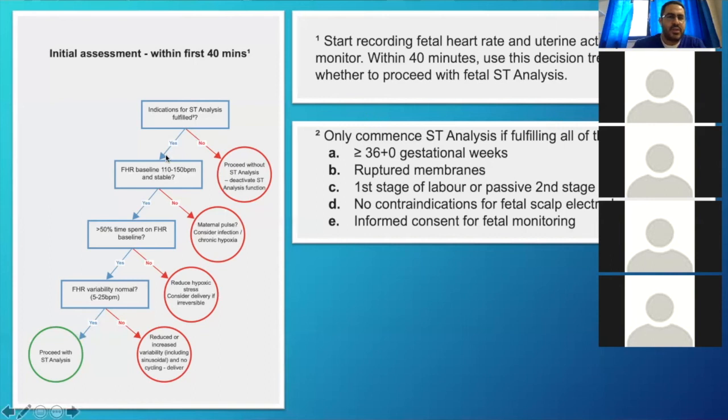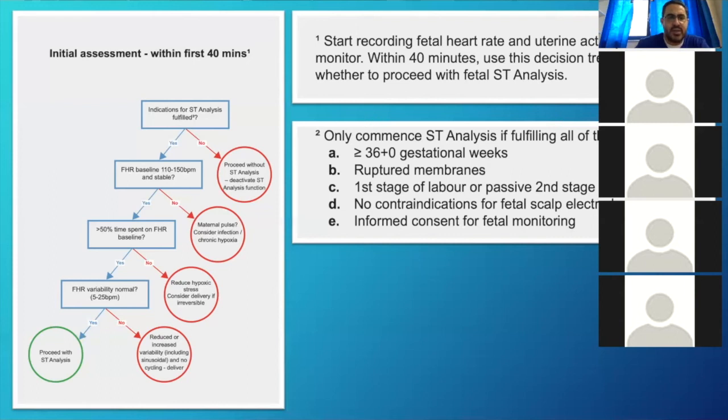We're going to ask ourselves the simple questions. Have we fulfilled the initial criteria? Yes. Is the baby's baseline appropriate at this point in time? If yes, carry on. If the baseline is appropriate, then we can proceed. If it's not appropriate, then we need to think about infection or chronic hypoxia. If the baby is spending more than 50% of the time in decelerations, that means that baby's already in subacute hypoxia.